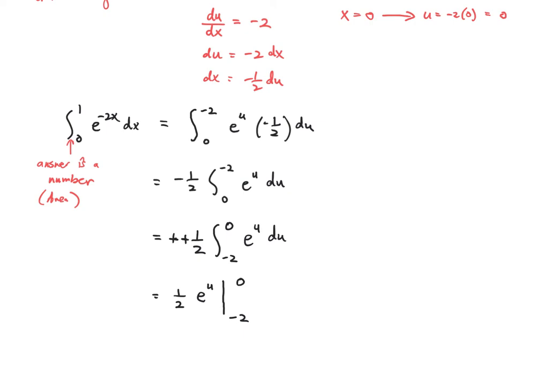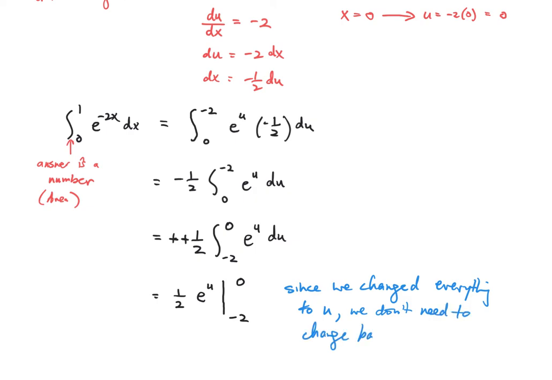And I want to make a comment. Since we changed everything to u, we don't need to change back to x. Okay, changing the limits means you don't have to change back.